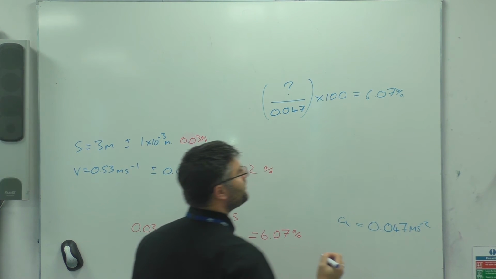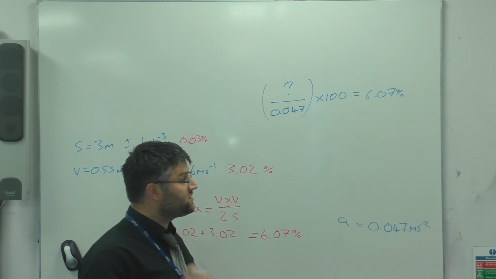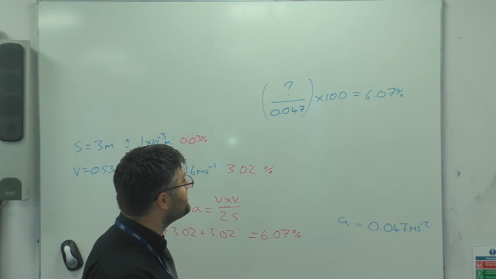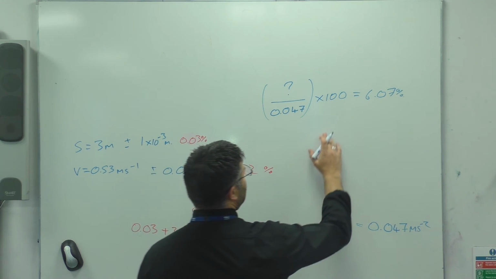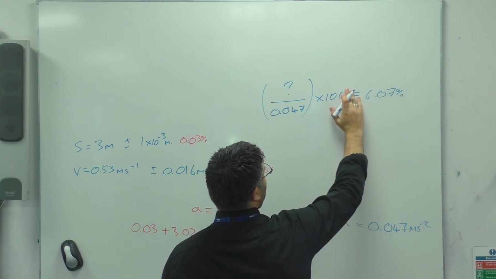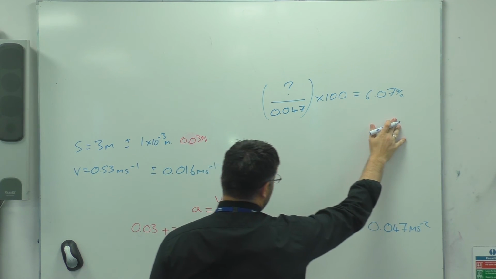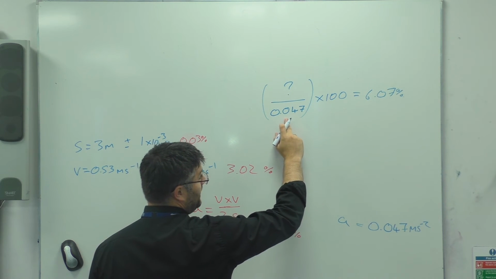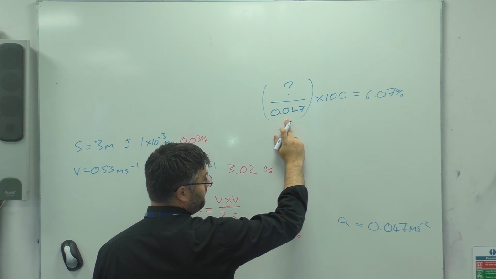And we've got times by 100 is going to equal that 6.07%. So let's think about this strategically here. First of all, we're going to divide by 100 on both sides, and then we're going to times both sides by 0.047.